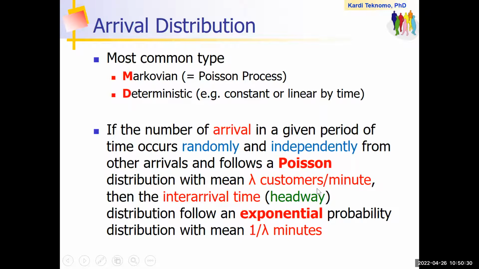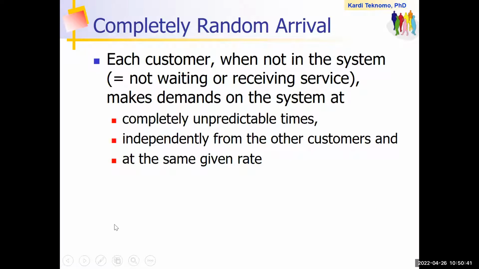This is just repeating what I said earlier. So Poisson distribution and exponential is just 1 over the other. So we talk about completely random arrival.